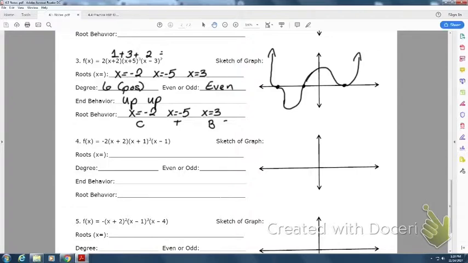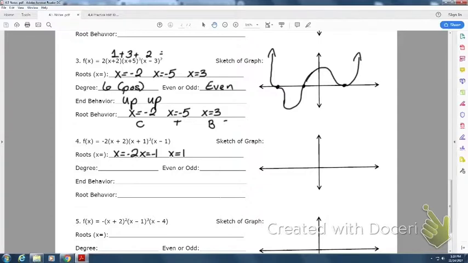Looking at number 4. Amelia, what would the roots be? Negative 2, negative 1, and positive 1. Okay.